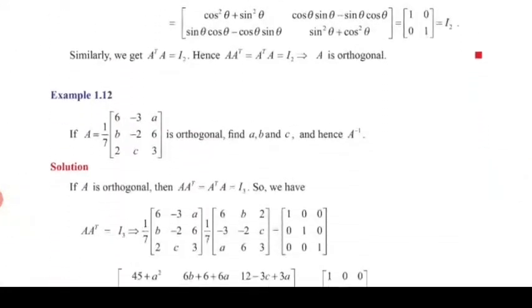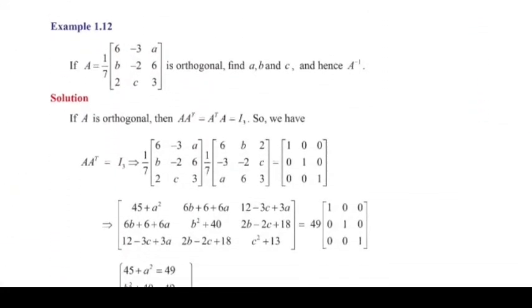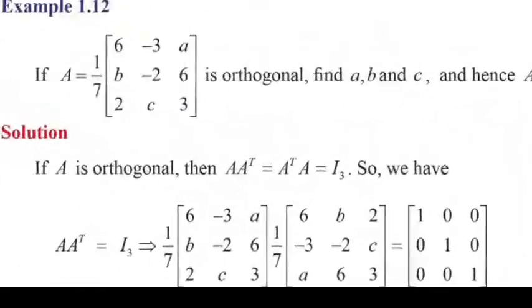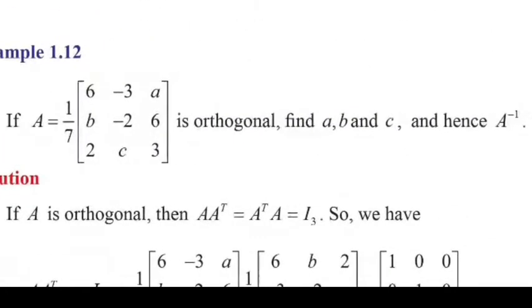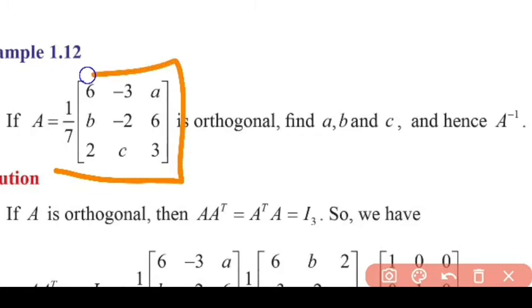Okay, let's see example 1.12. A equal to 1 by 7 into the matrix [6, -3, A; B, -2, 6; 2, C, 3].